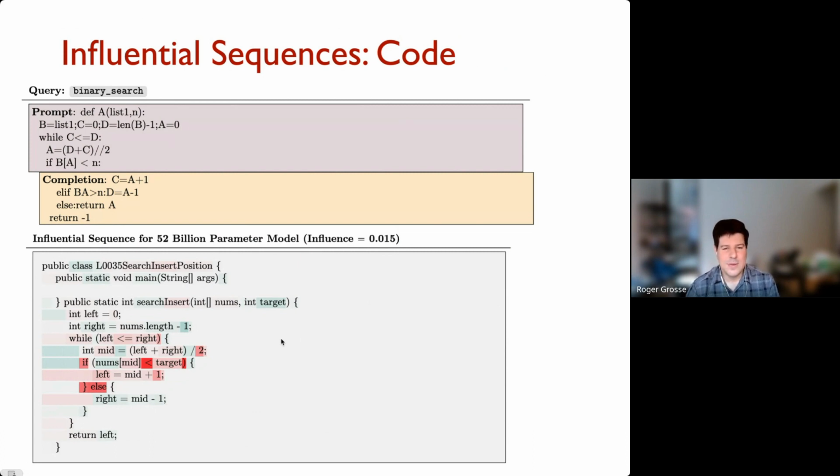Not all of the top influential sequences were this relevant, but it's pretty striking that it's able to identify abstractly an example of binary search without any suggestive variable names.